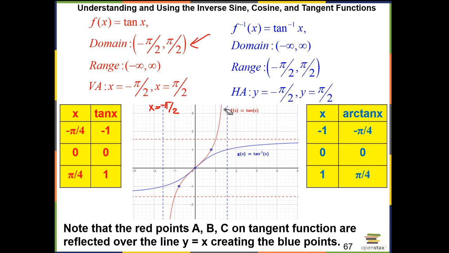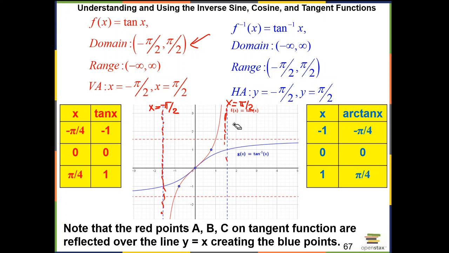And x equals pi over 2. I got the colors mixed up, that's okay. This blue vertical asymptote should be red, go with the red, but I made them blue, I'll fix it later. But for now, they're correct, it's just the color is a little confusing. So this should be red, okay? And those are x equals negative pi over 2 and pi over 2.